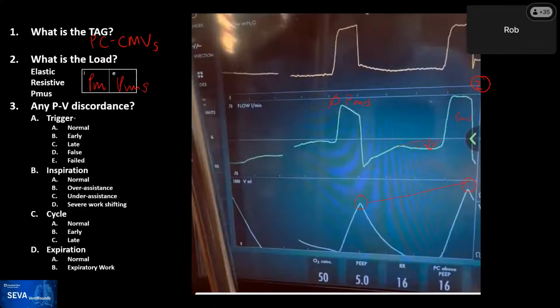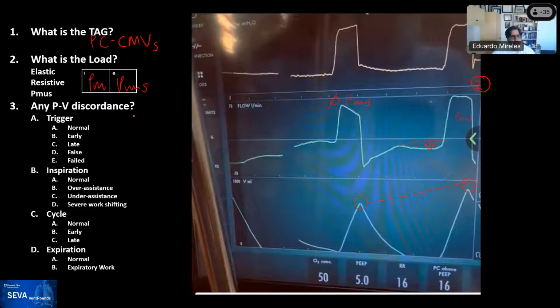We're in agreement, great. And now PV discordance. So let's focus on the second breath. So how's the trigger? Is the trigger normal, early, late, false, or failed? And this I see the storm of earlys.